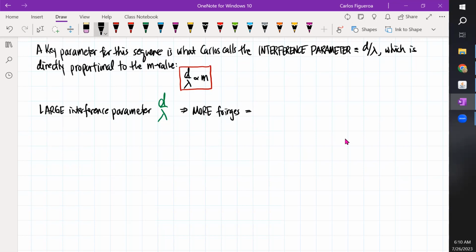And if there's more fringes, then we have a large m value. So let's say that here are my interference patterns. Let me just copy these to be faster.